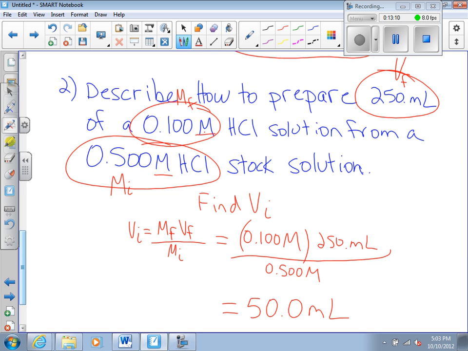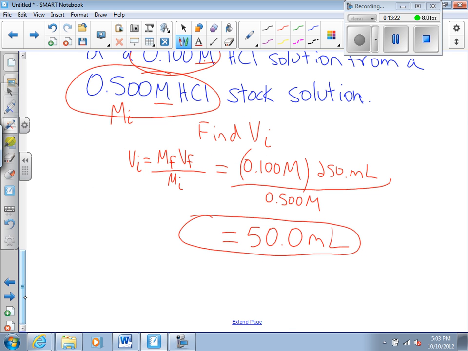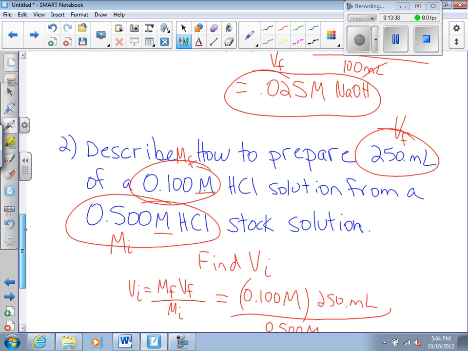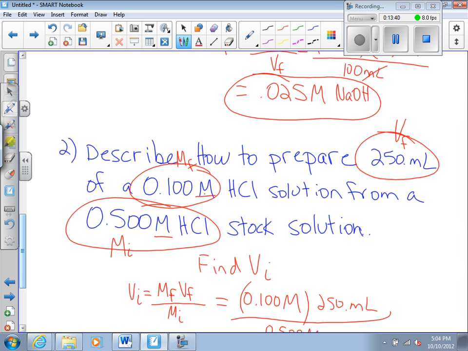Describe how to prepare this solution. Now, my stock solution, I've just figured out I need 50 milliliters of my stock solution. So I'm going to measure 50 milliliters of stock solution, and I need to end up with 250 milliliters total. So I have to think about, well, what do I do?